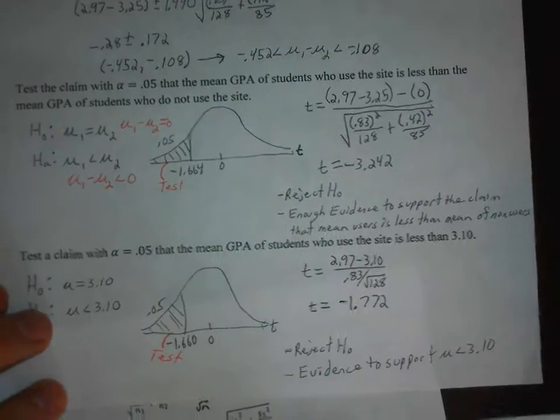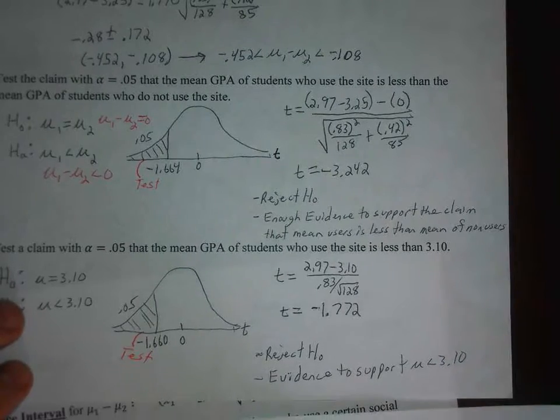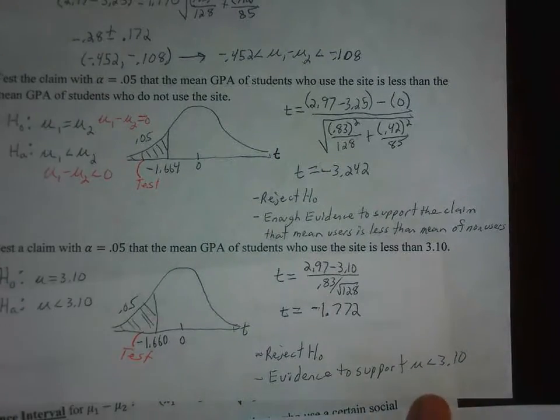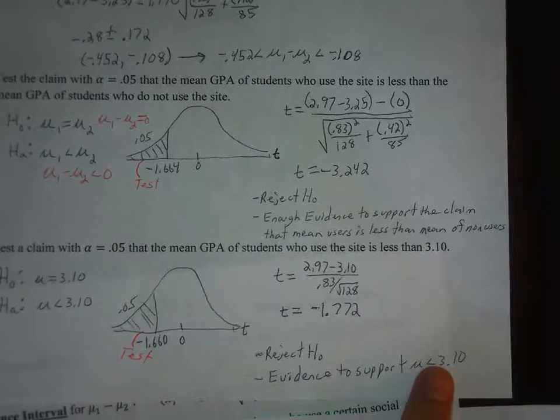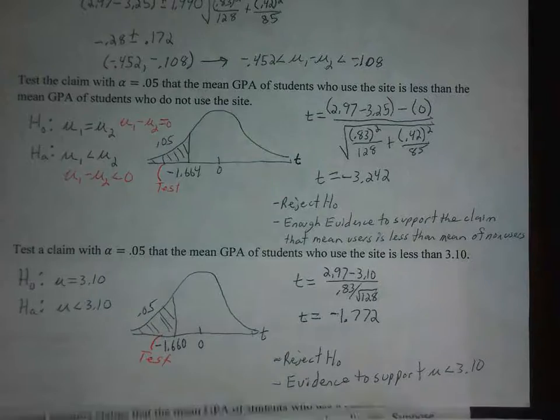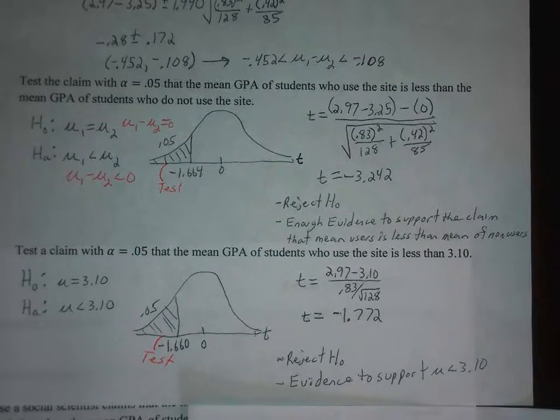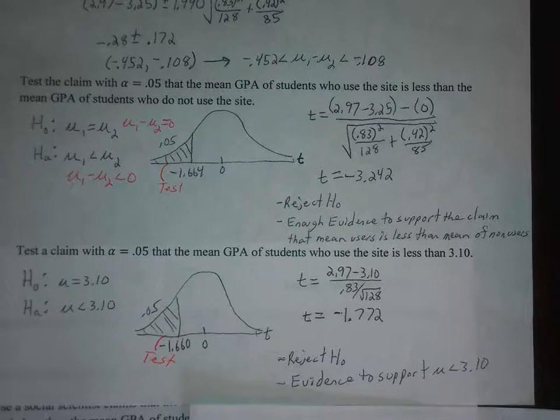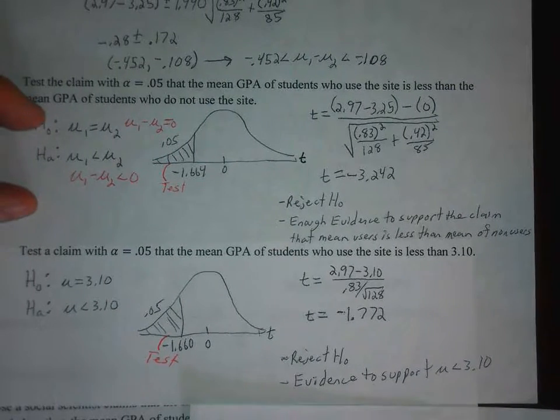And what that means, you reject H0, and there's enough evidence to support the claim that mu is less than 3.1. So when you read the question, you really need to focus on which formula you're using and which content it's actually asking you for. So this last one was using one sample compared to two samples up here.